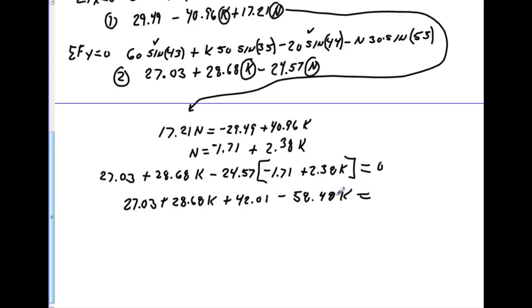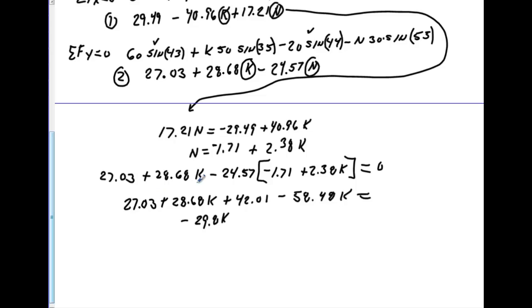Now we add our two k's together. We're going to add this one and this one together. 58.48. Okay, so on this side, that's going to give you a minus 29.8k.